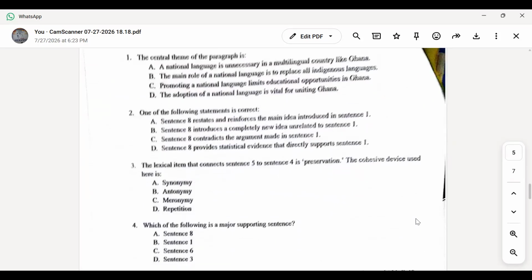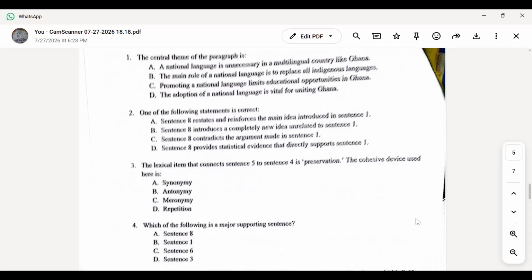Number 2. One of the following statements is correct. A. Sentence 8 restates and reinforces the main idea introduced in sentence 1. B. Sentence 8 introduces a completely new idea unrelated to sentence 1.